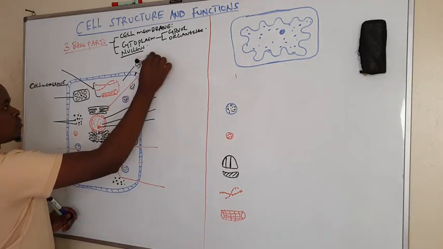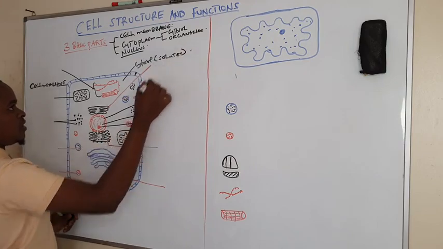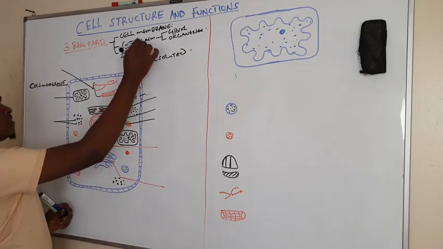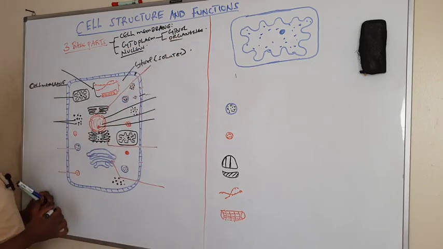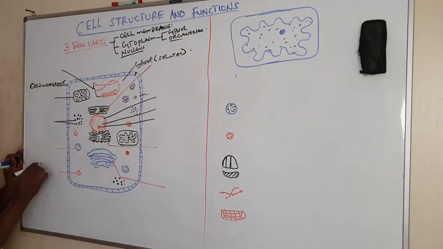This cytosol contains solutes which are dissolved in it. Then the cellular organelles include the peroxisomes and the lysosomes. These are the organelles in the cytoplasm.